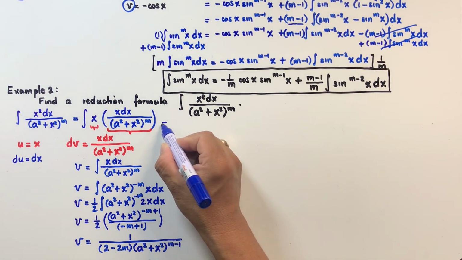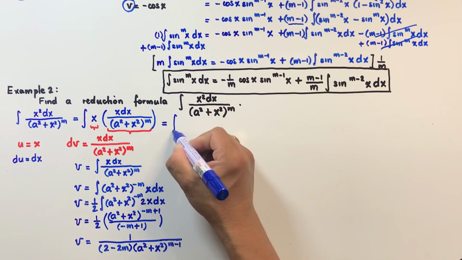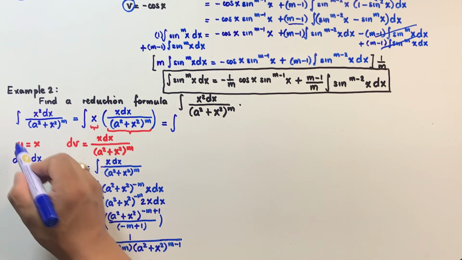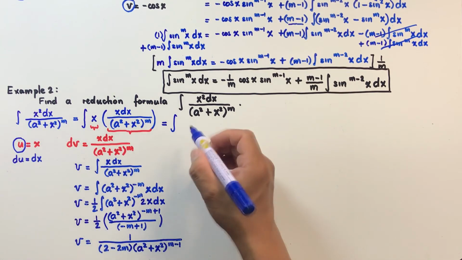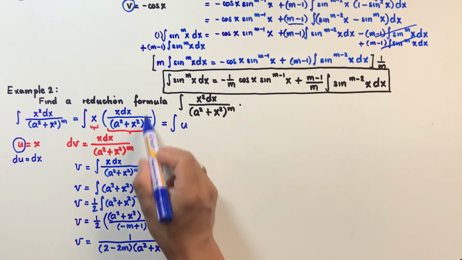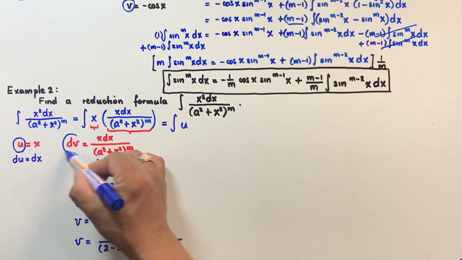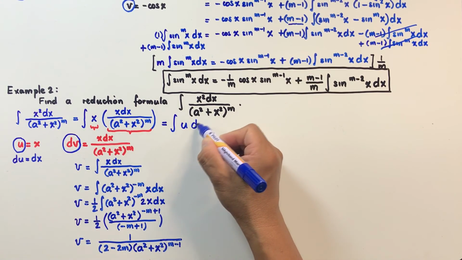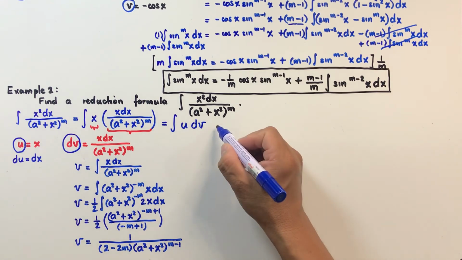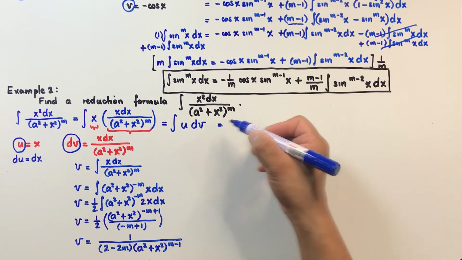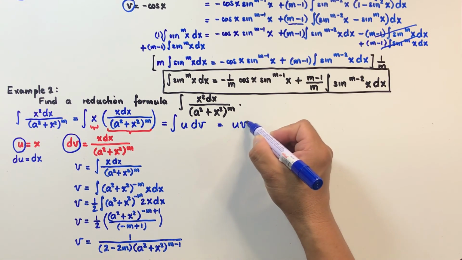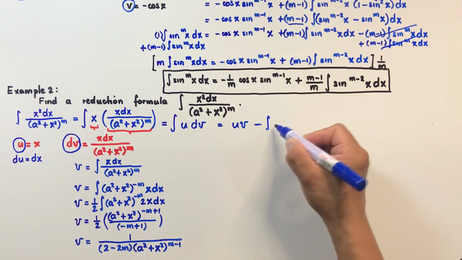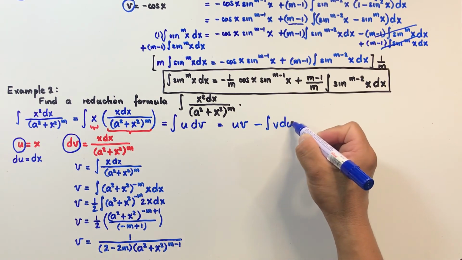Hence, by substitution, instead of writing x, I will write its representation, which is u. And instead of writing this one, I will write its representation, which is dv. And by the integration by parts formula, this is uv minus the integral of v du.